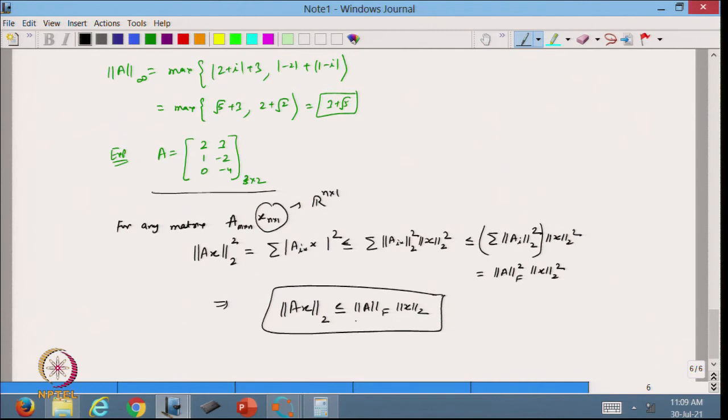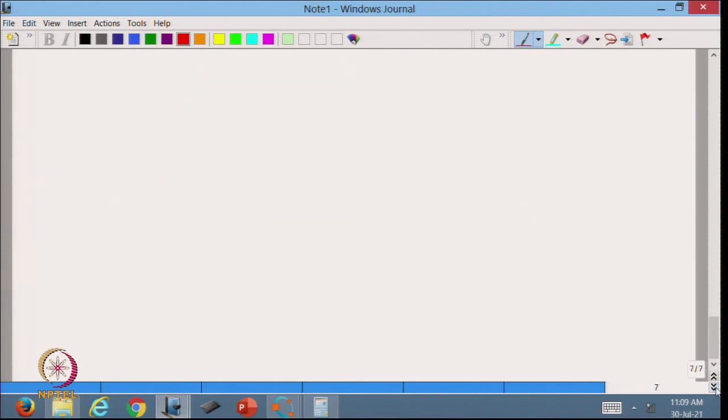It means that the 2 norm of the vector and the Frobenius norm of the matrix are connected to each other. Such a connection we call compatibility.